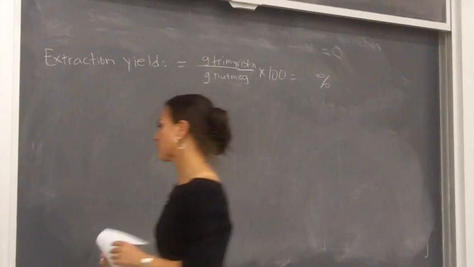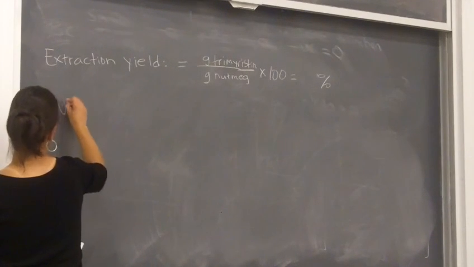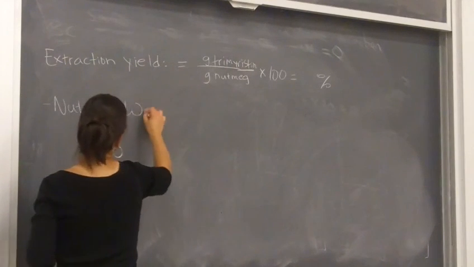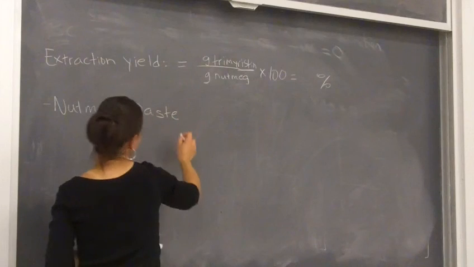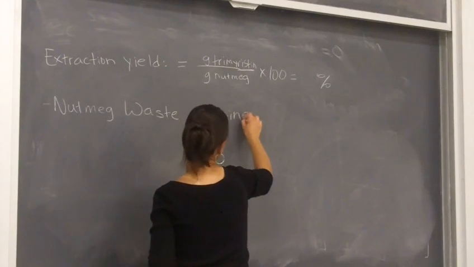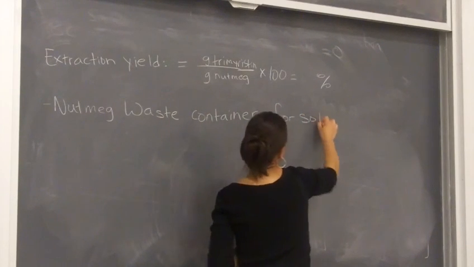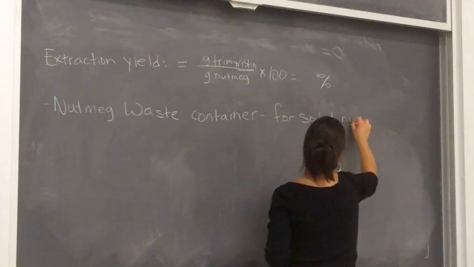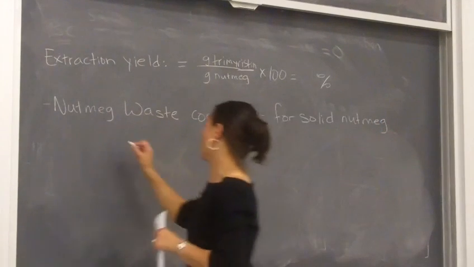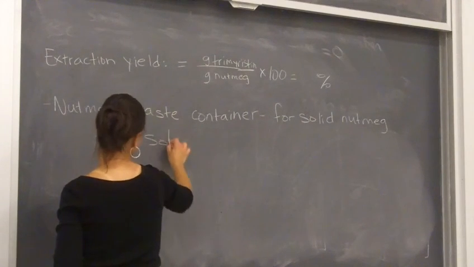Okay, couple things for cleaning up this week. There is a nutmeg waste container in the reagent hood. This is only for solid nutmeg, okay? So, don't add any extra solvent.